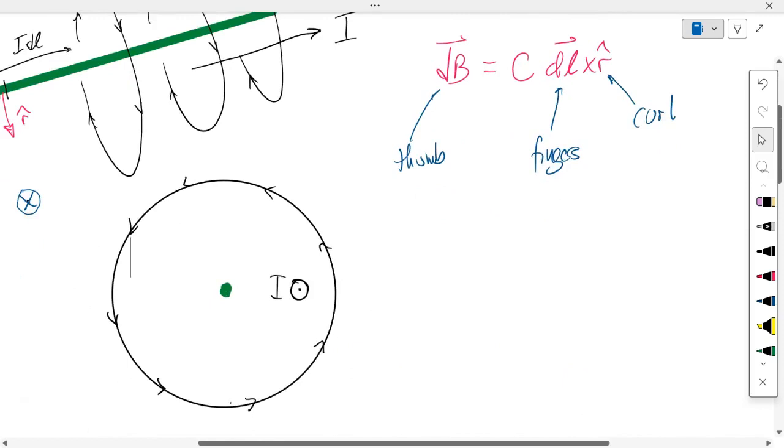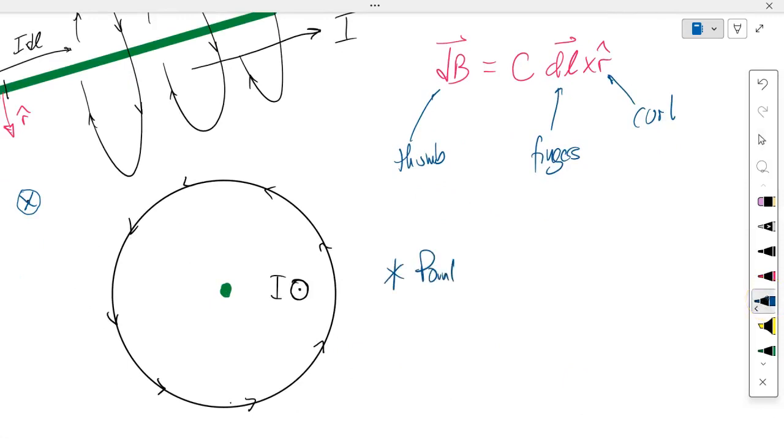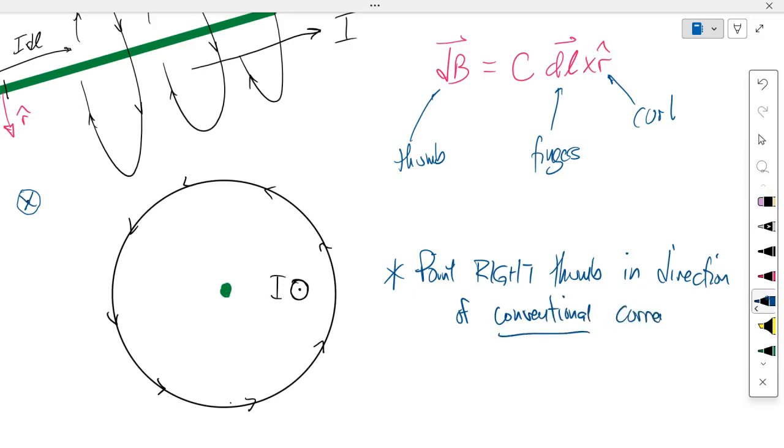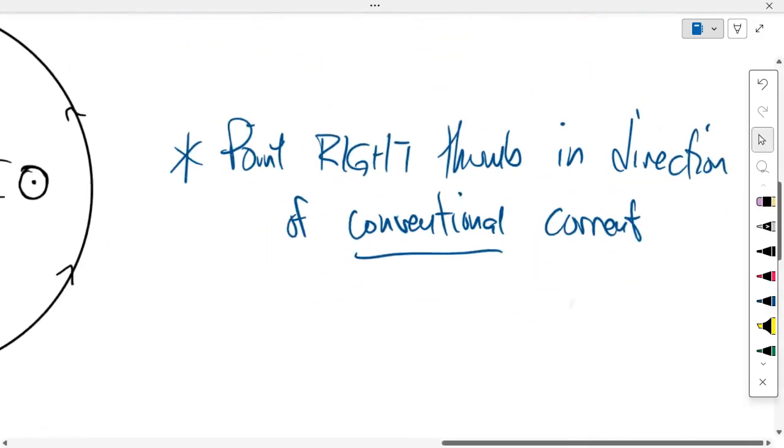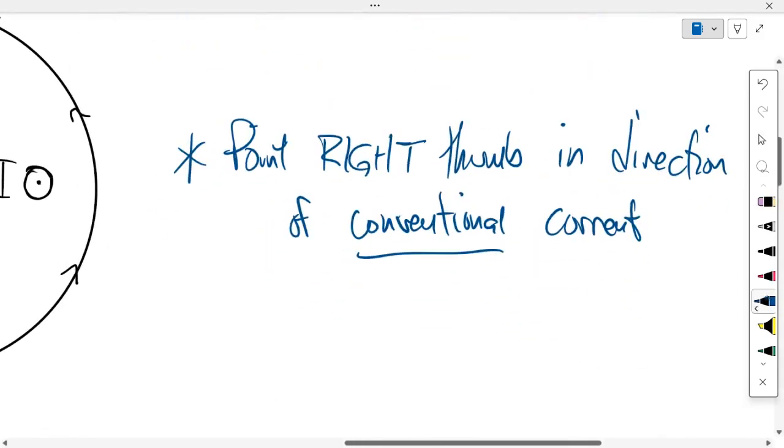Well, we can use a quote-unquote trick that says what we can do is point your right thumb in the direction of current. And when we mean current, we mean conventional current. Conventional current is defined to be the direction of hypothetical free positive charge flow.